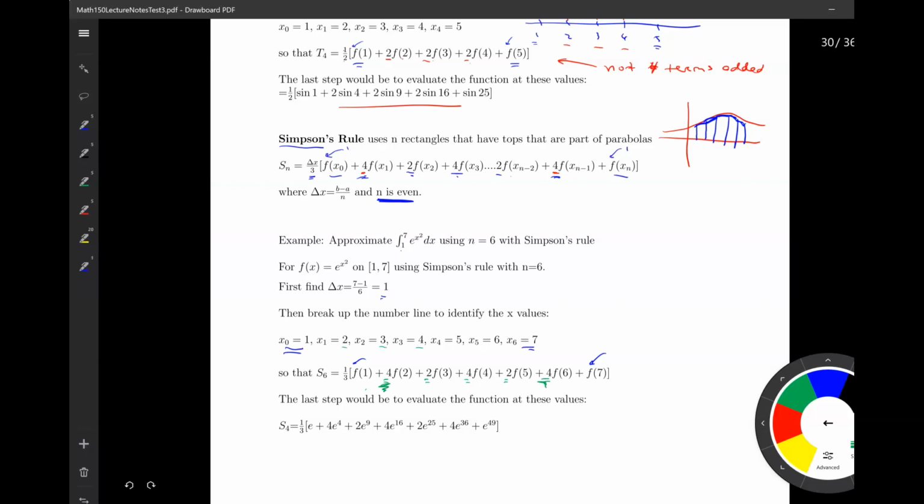And you're using these values that you found from the delta x. So I've used f of 2, f of 3, f of 4, f of 5, f of 6 for those middle values. Again, there are not 6 items in here, right? 1, 2, 3, 4, 5, 6, 7. There's 7. So there's not 6 items that we're adding. It's because of the formula. So I just finish off by plugging in 1 and 2 and these numbers into my function, right? And I get that from inside here. And that is Simpson's rule.